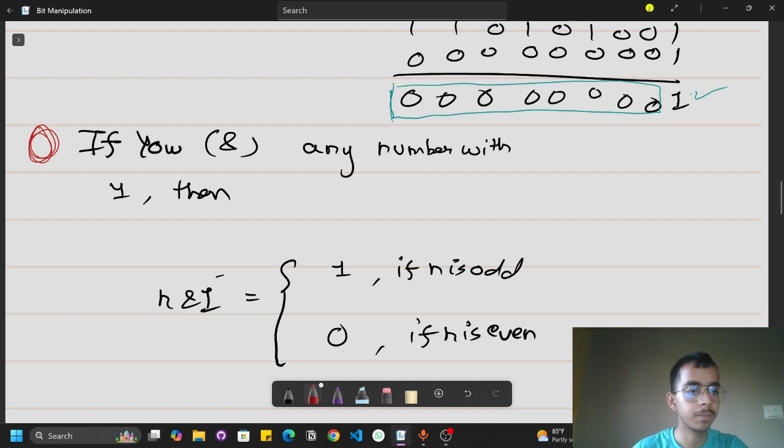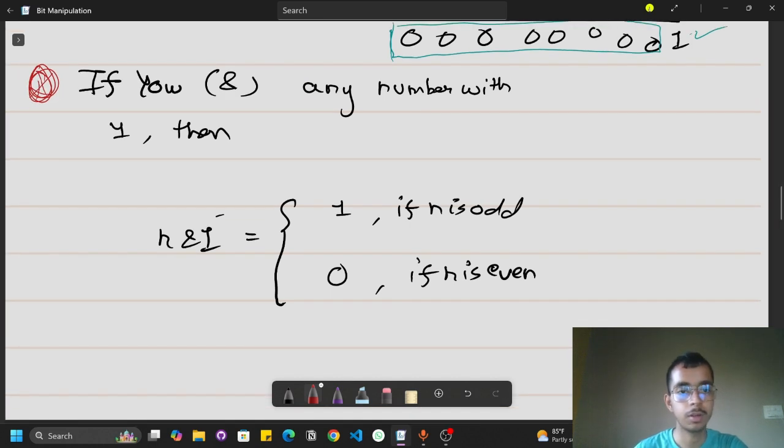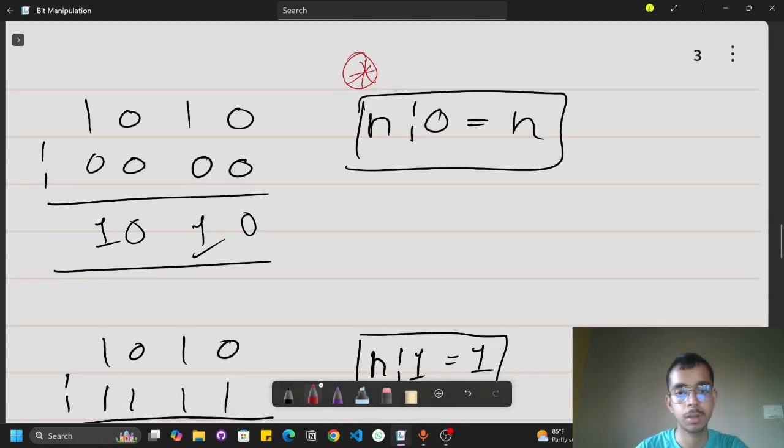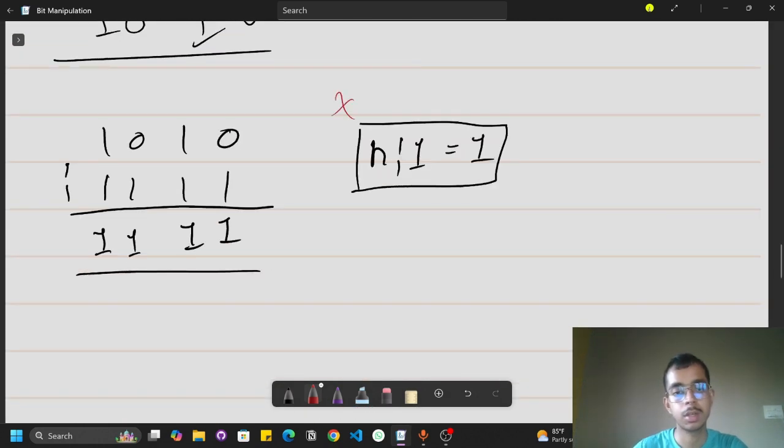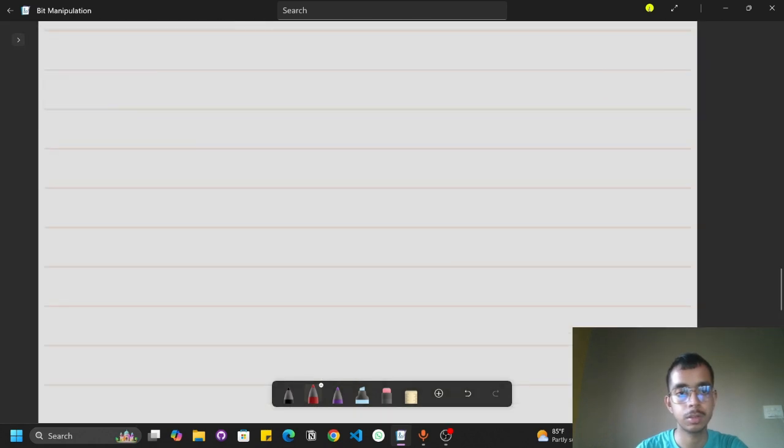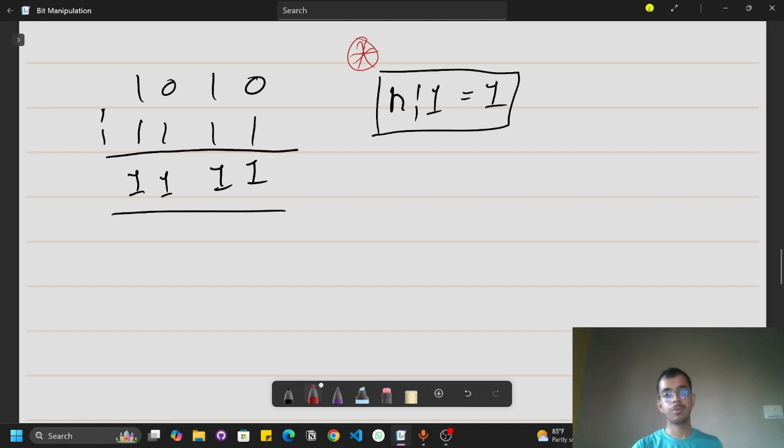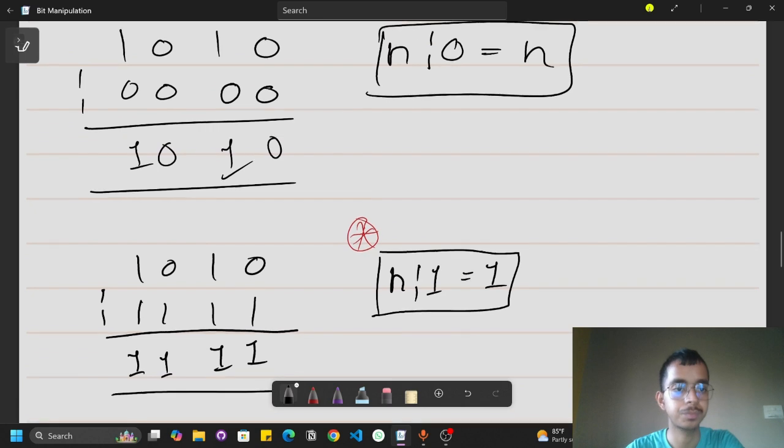So we covered some here. If you take n OR 1, you are always going to get a 1. So till now we are not having any special property with OR.